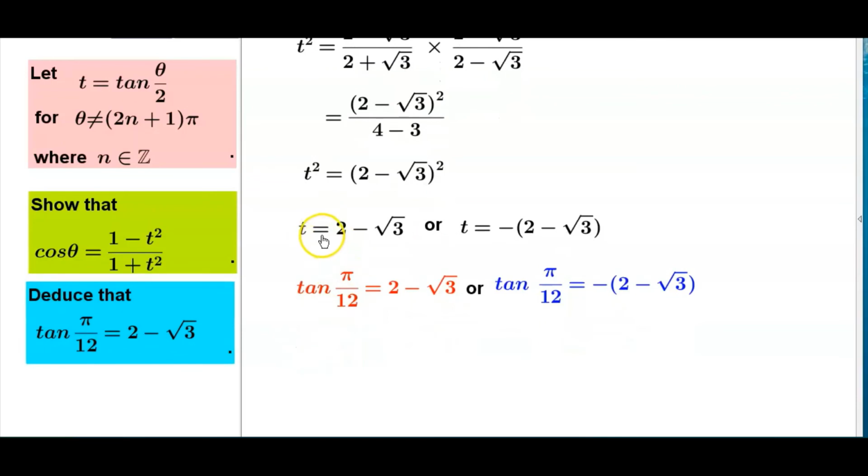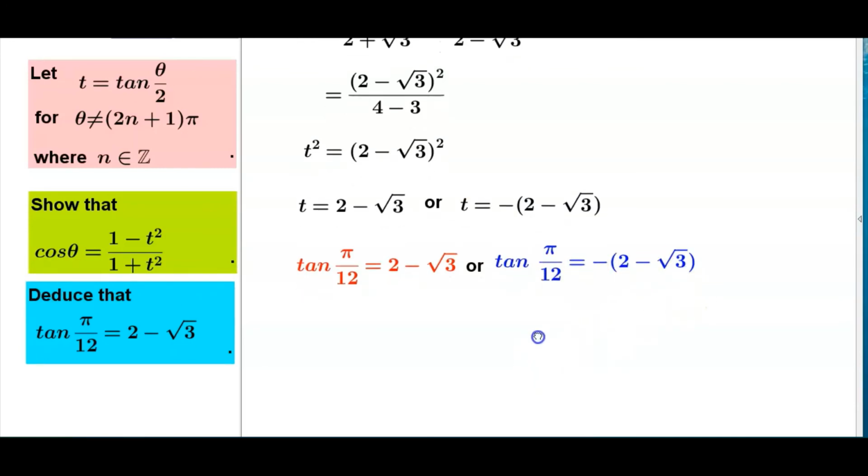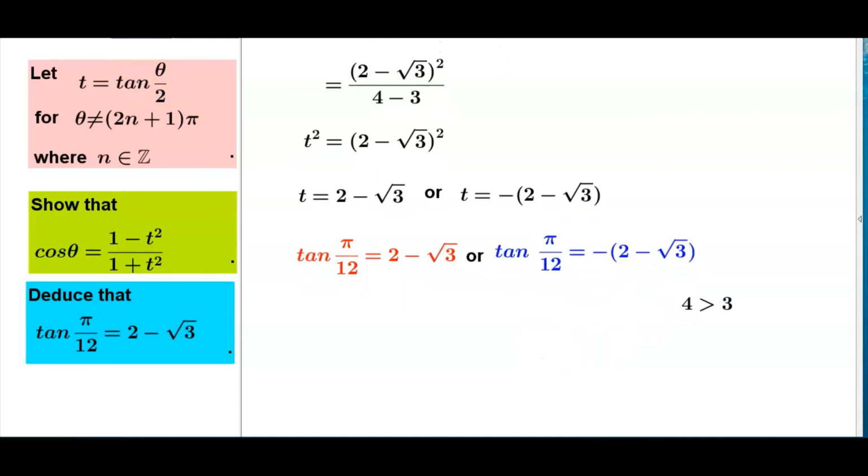Since t is tan pi by 12, tan pi by 12 is equal to 2 minus root 3, or tan pi by 12 is equal to minus (2 minus root 3). It is obvious that 4 is greater than 3, therefore 2 is greater than root 3.